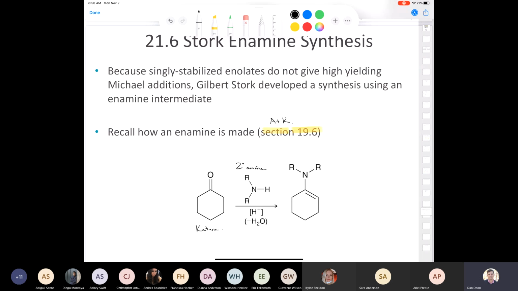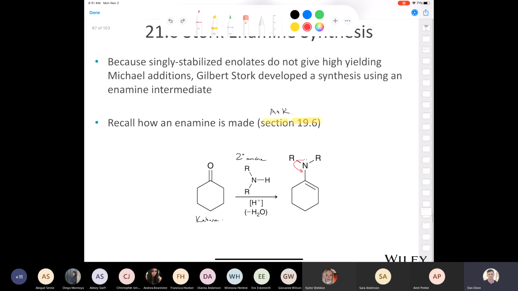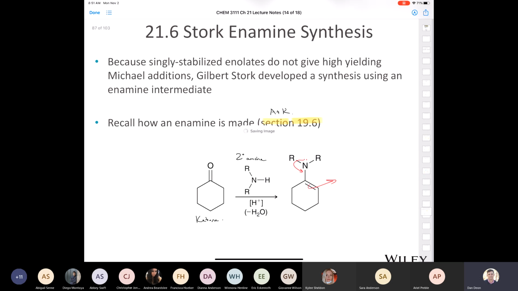And you can see how this could be a Michael donor, right? Because we could draw a resonance structure like this, and you can see how that could behave as a nucleophile, and that's shown on this slide.